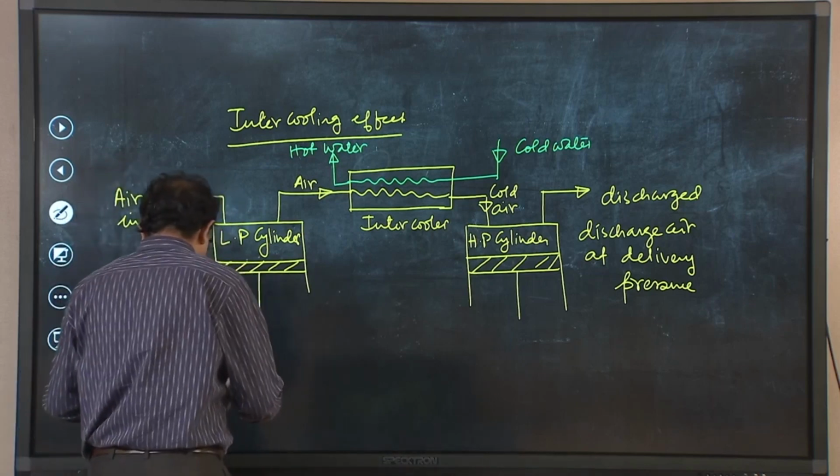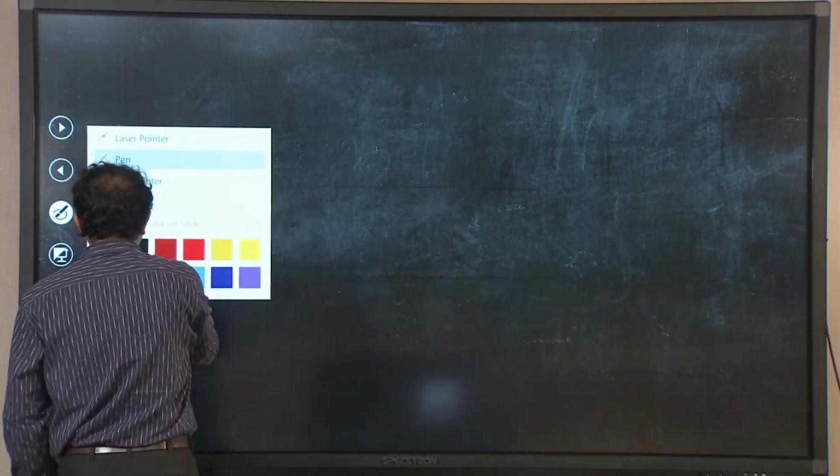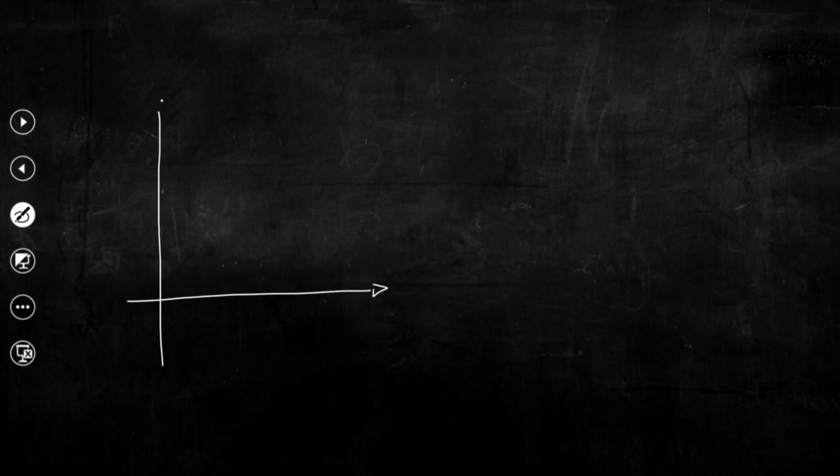Now, if we try to map the processes in the PV plane, this is P equal to P1, this is pressure, this is volume, and say this is P equal to P2.